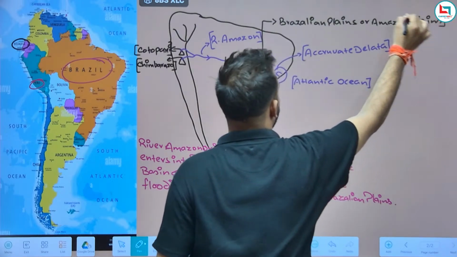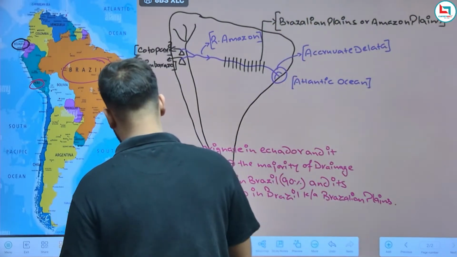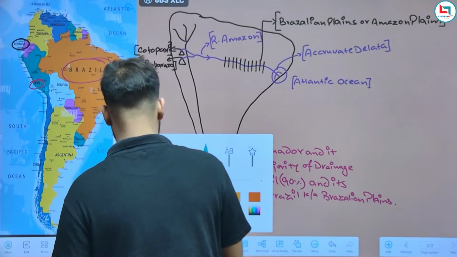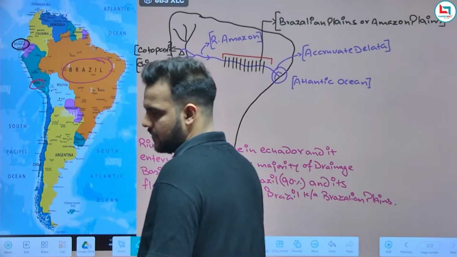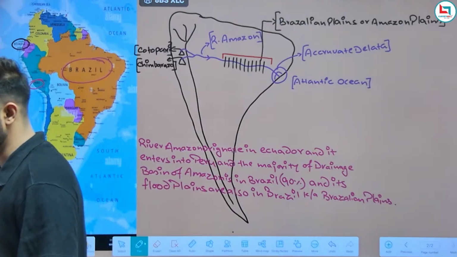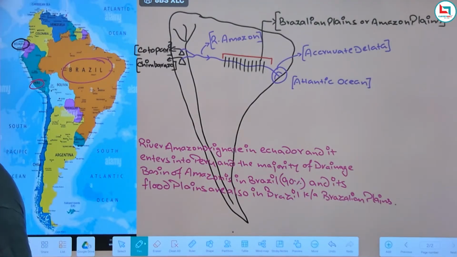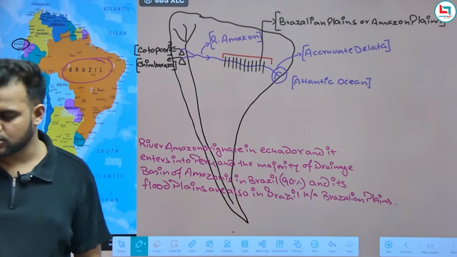Guys, the northern part of these Brazilian plains is known as the Northern Brazilian plains, and it is the major agricultural zone.